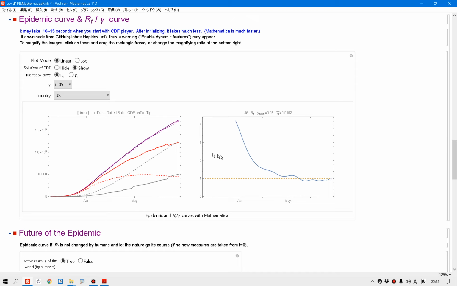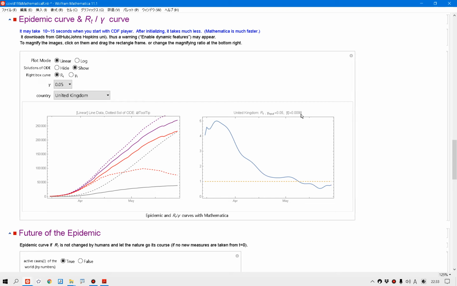And if my guess is right, RT in the States is now 1.0. So it's almost the peak of infection, because when RT equals 1, infection becomes the highest, takes the peak. So next, the United Kingdom, it's almost the same.